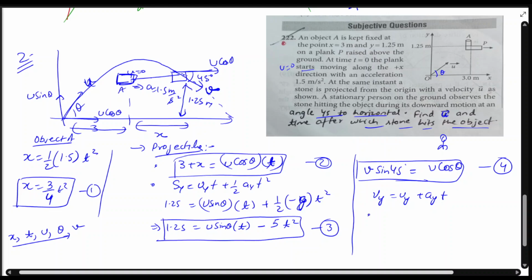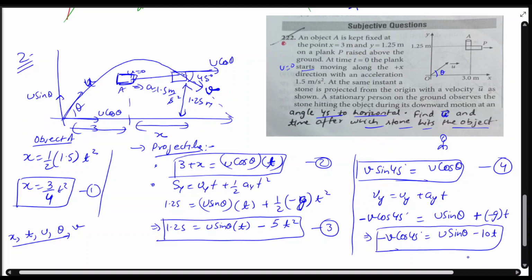So Vy is v cos 45, and Uy is u sine theta. Vy will be in the negative direction, since it is downward, while u sine theta is above, plus acceleration minus g into t. So from there we get minus v cos 45 equals u sine theta minus 10t.